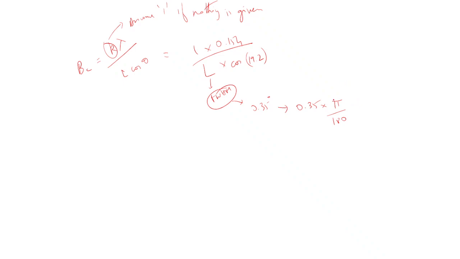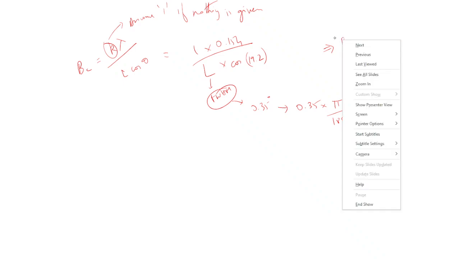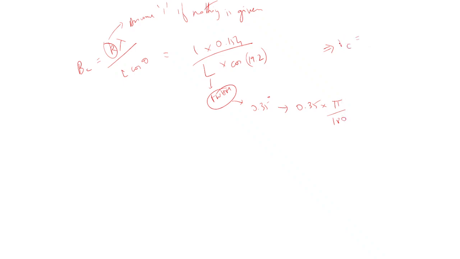Then just substitute: D_c is equal to 1 into 0.154 divided by 0.35 into pi by 180 times cos 19.2.